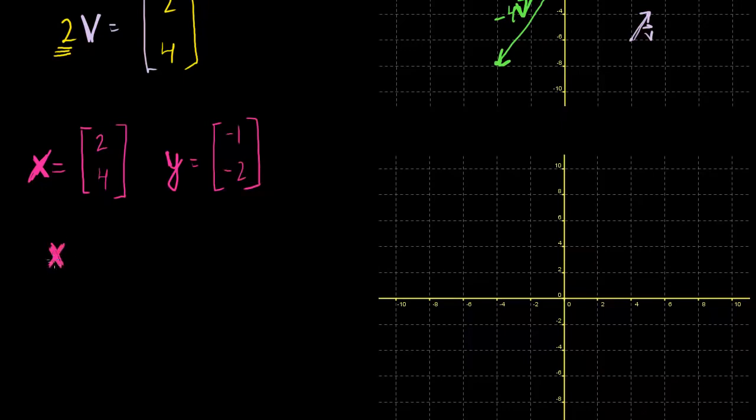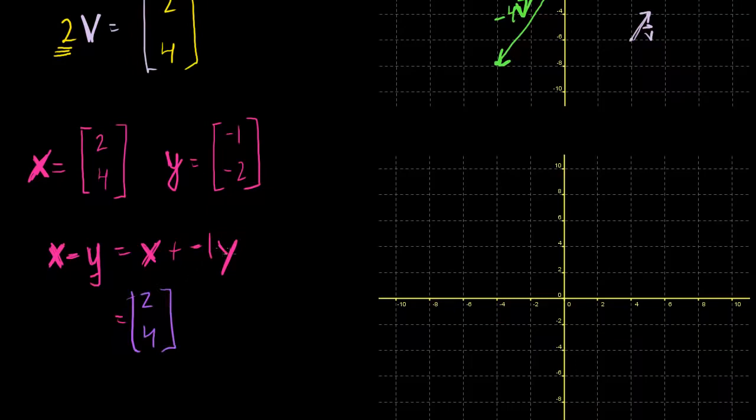x minus y. Well, we can say that this is the same thing as x plus -1 times our vector y. Now we can use our definitions. We know how to multiply by a scalar, so this is equal to, our x vector is (2, 4).